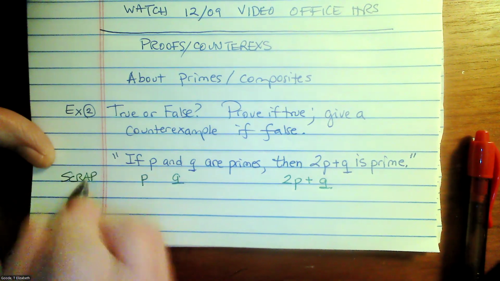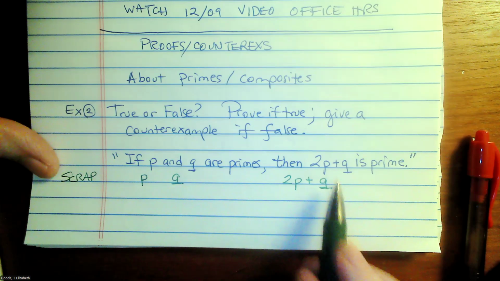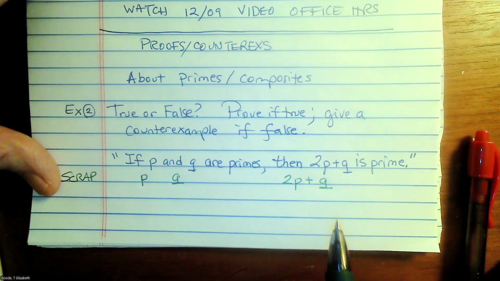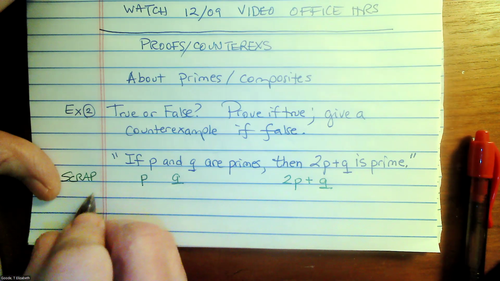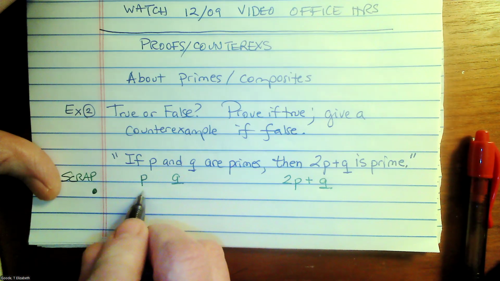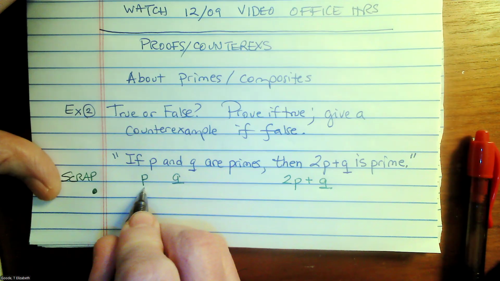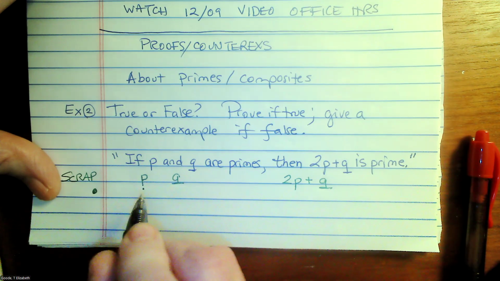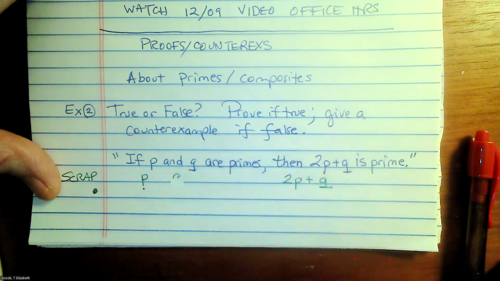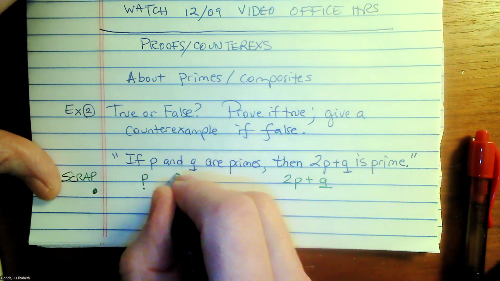Let's try some different values for P and Q and see if 2P plus Q always turns out to be prime. All right, so what do you want to try for P and Q? We can start off with, I mean, there's no distinction between whether or not they have to be distinct. Yeah, that's right. Nobody said they have to be different.